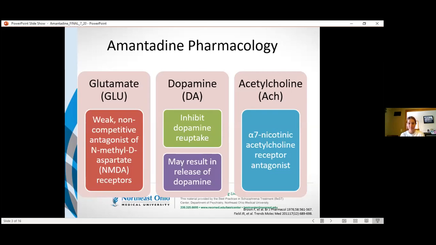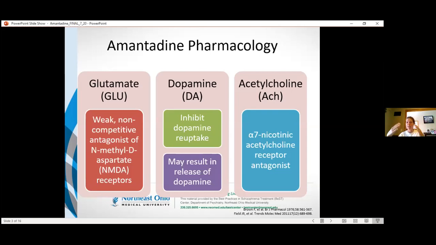We also have some action on the acetylcholine receptor. I point this out because we're going to talk about cognition, and it seems like it should be counterintuitive. So it does have some antagonism at the alpha-7 nicotinic acetylcholine receptor. Although it doesn't look to be irreversible, and it's non-competitive, so it is able to be displaced by other things.